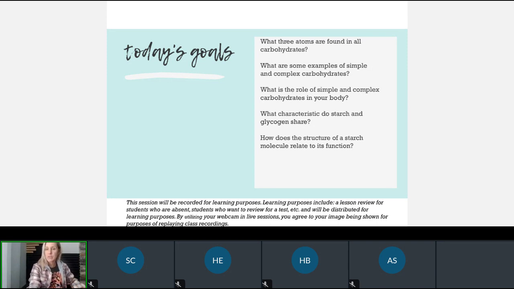But before we move into those, could I have somebody volunteer to read our goals for today? What in the world are we going to do in biology? What chemistry of biology are we going to be? Good. 1, 2, 3, 4. So we might have enough.